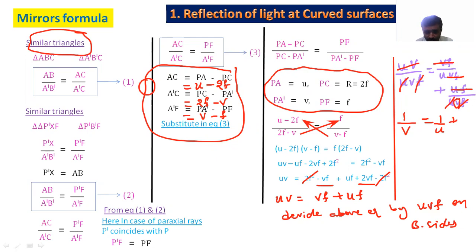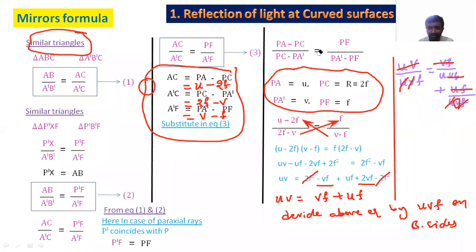Somewhere I made a mistake. Right. In the first one I made a mistake. Cancellation: UV is cancelled actually. UV is cancelled, but I cancelled wrong. Then what remains here from the first term?